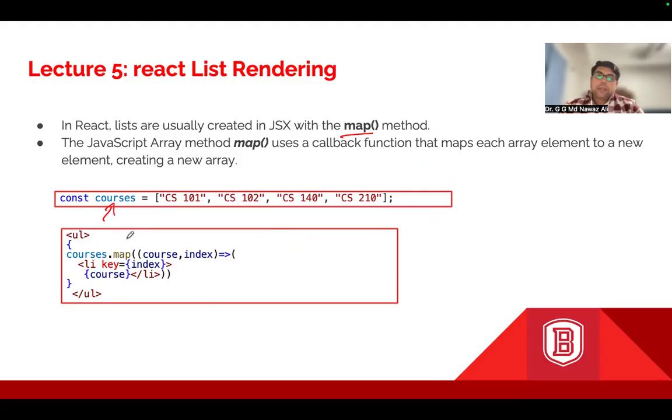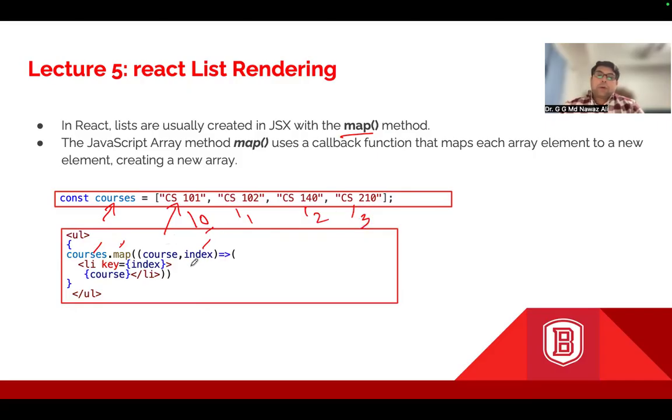Then it's array.map, and the map method takes a callback function. In the callback function you can give your user-defined name, let's say course here, and the second optional argument is the index. The index is the array index position: the first item is 0, the second item is 1, and then 2 and 3, like that.